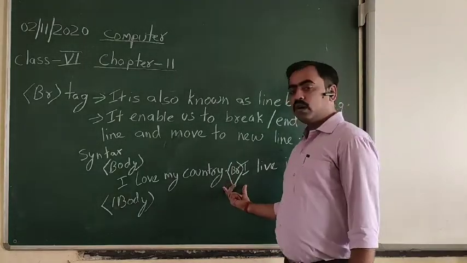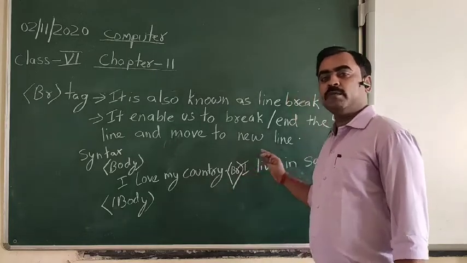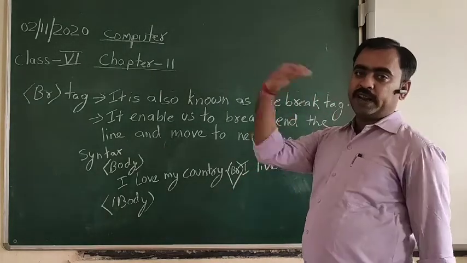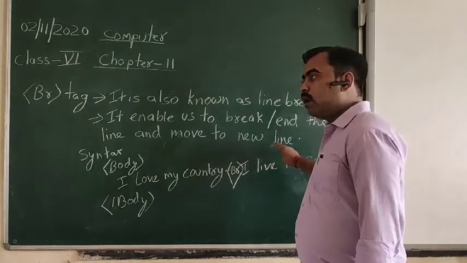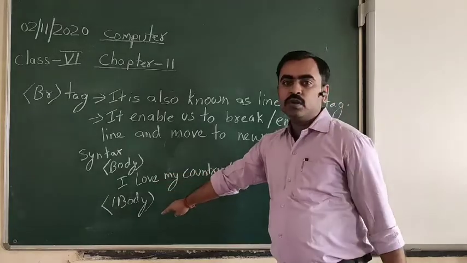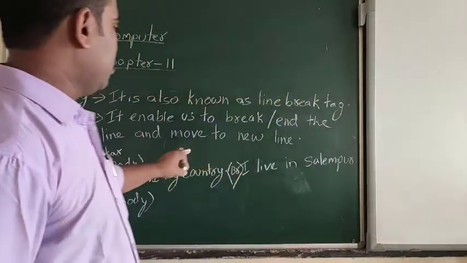You can use the BR tag in between these two sentences, and when you display it in the web browser, the second sentence automatically jumps to the new line. Okay, now it is clear.